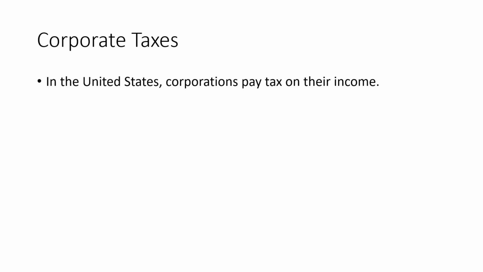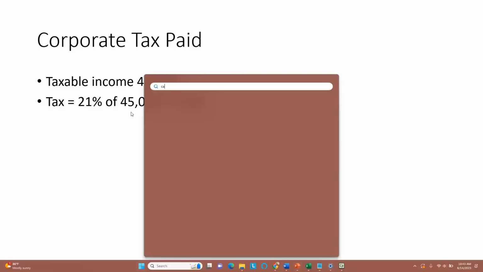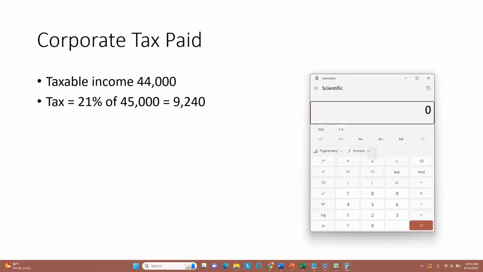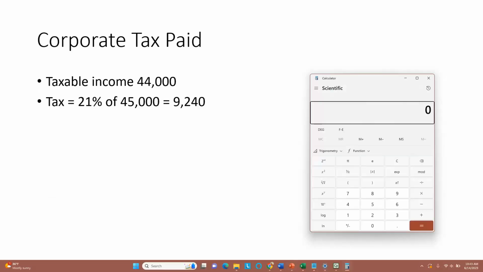In the United States, corporations pay a tax on their income, and this tax rate is a flat 21%. So for example, if a firm earns an income of 44,000, 21% of 44,000. Let's just confirm that using a calculator here.